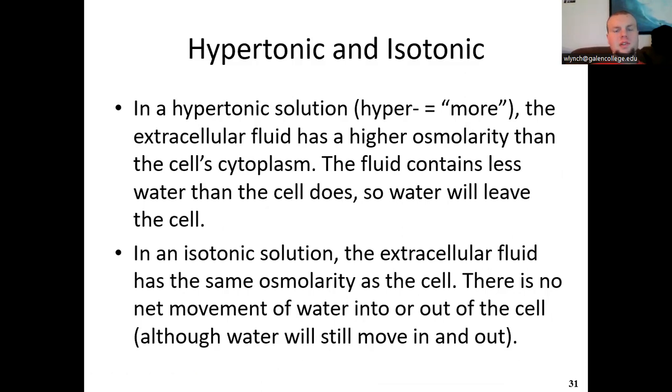So we have an intracellular environment that's going to have a high concentration of solute. And in an isotonic solution, we have both the extracellular and intracellular space that have an equal amount of osmolarity. So therefore, there is no net movement of water into or out of the cell. There is simply going to be a one-to-one exchange of materials from inside and outside of the cell.